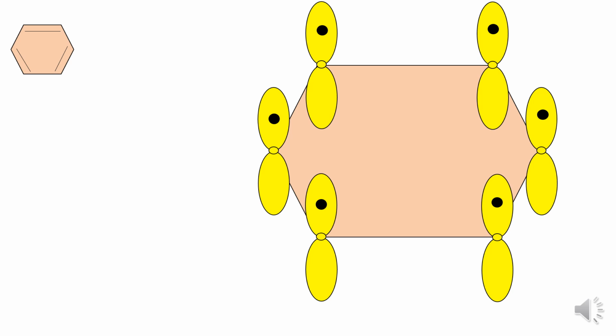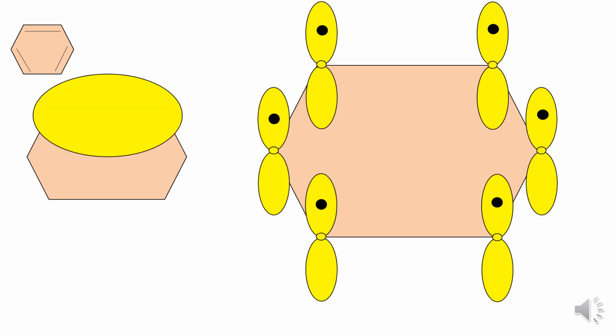These p orbitals are parallel to each other. As a result, they tend to overlap. Because of the continuous overlapping of these parallel p orbitals, it results in the formation of a delocalized pi molecular orbital. You see an electron cloud above the plane of the ring and an electron cloud below the plane of the ring. So electron density is more above and below the plane of the ring.